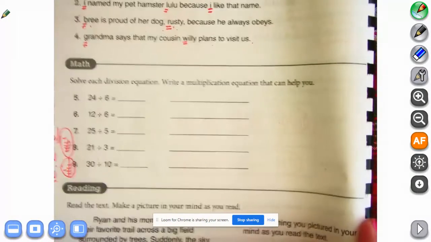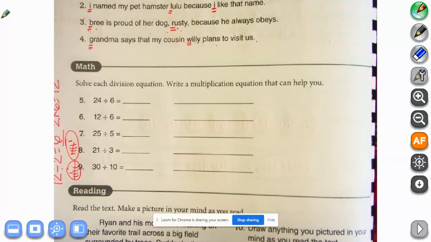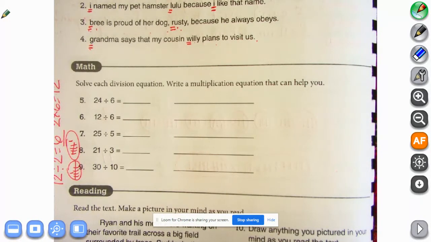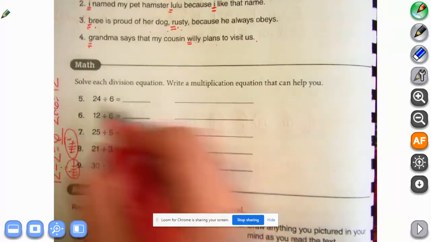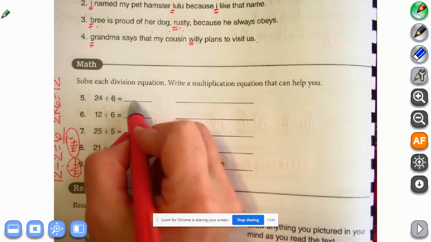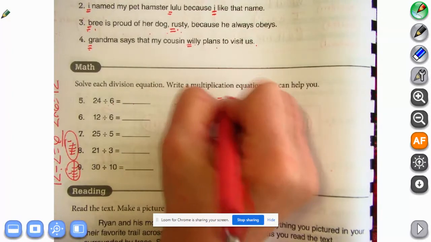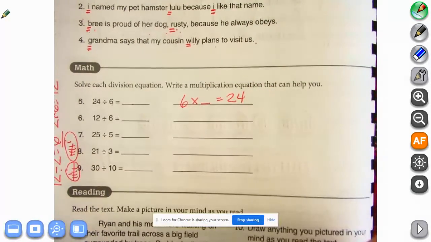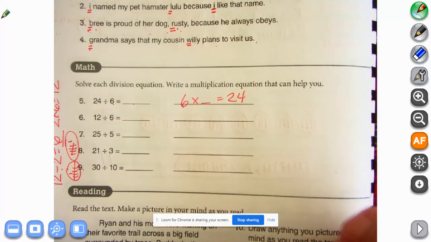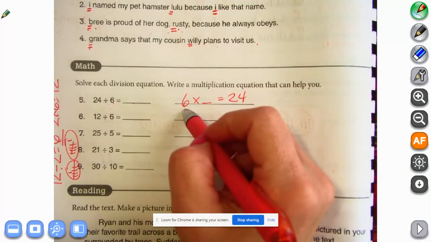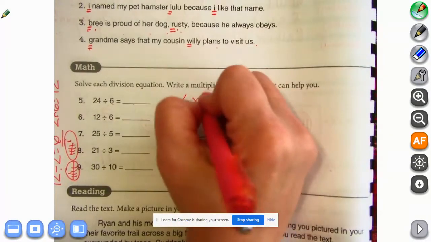All right, in math, solve each division equation. Write a multiplication equation that can help you. All right, so 24 divided by 6 equals something, or 6 times what equals 24? If I skip count by 6, 12, 18, 24, that's 4 times I've counted.